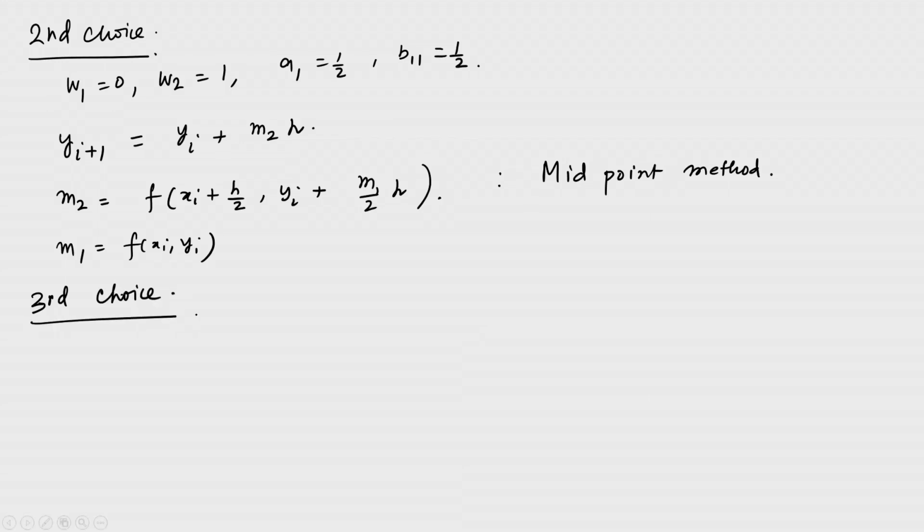This is called the midpoint method, and this third choice which we are going to do is called Ralston's method. So, let us see what that is.